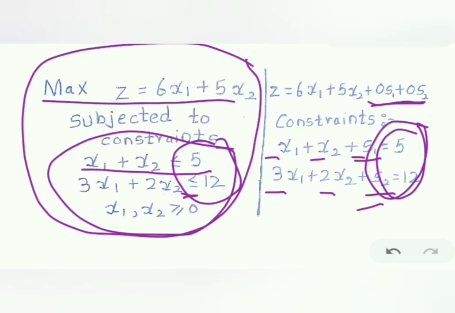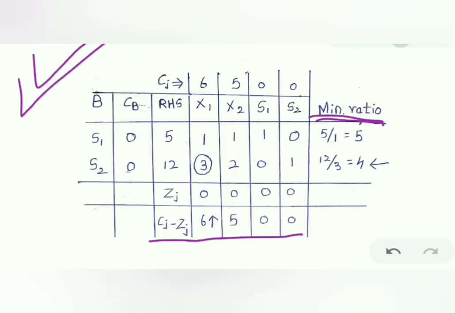What is RHS? 5 and 12. We know that. So 5 and 12 is written here, divided by the pivot column. See the arrow, all the elements in the line of that arrow are in the pivot column. So 5 by 1 is 5 and 12 by 3 is 4.